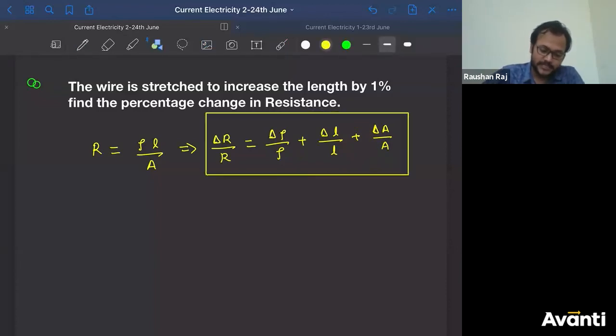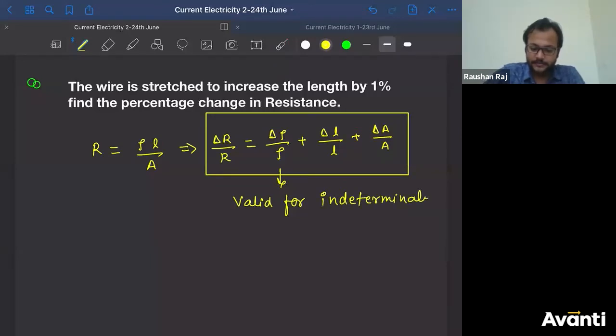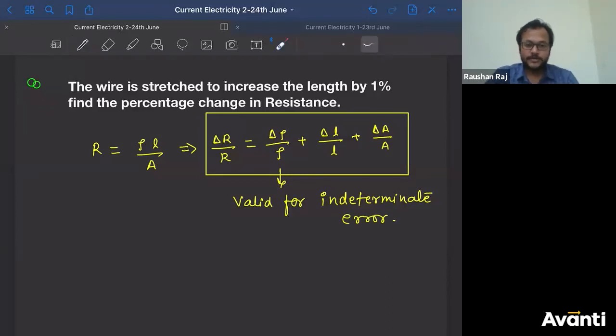Let me put this in a box and let me make a statement here. This is valid for range or indeterminate error. ऐसा याद करना आप, क्या था हमारे लिए? Indeterminate error, और जिसको random error कहते हो, where errors will be in the form of range, plus minus.